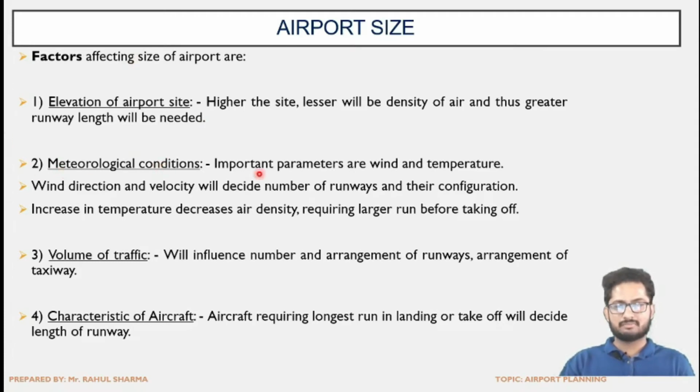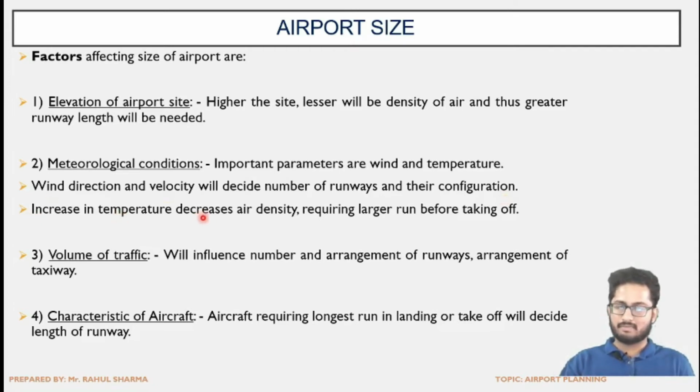Meteorological condition. Important parameters are wind and temperature. Wind direction and velocity will decide the number of runways and their configuration. Again, this is the point we have studied, that is the runway configuration or runway pattern. The more the number of runways, the more the size of the airport will increase, and the configuration of the runway, whether parallel, intersecting or non-intersecting, will also have an effect on the airport size.